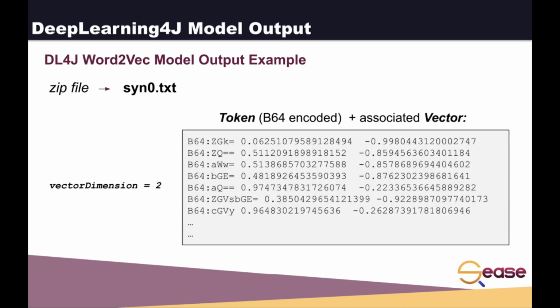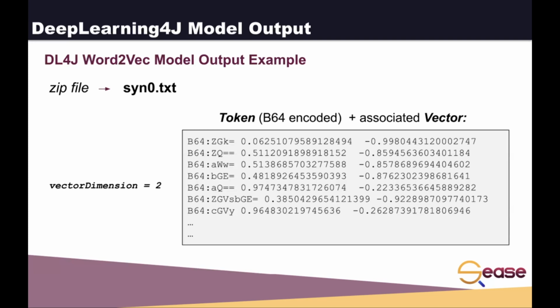If you train a model using Word2Vec, you can export that model in a zip file. That file contains another file, syn0.txt, that has this format. We have a list of terms encoded in base 64, and afterwards there is the vector associated with that term.